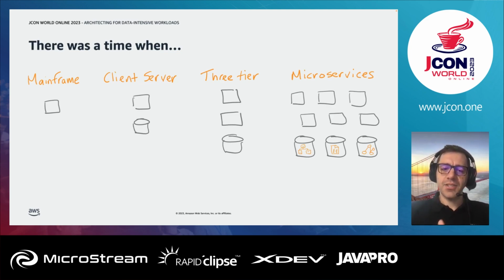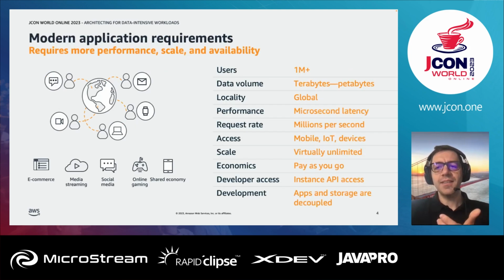And this actually implies that a modern application running on microservices has some other requirements than we had 20, 30 years ago, right? So we're not thinking anymore of just delivering an application. We need to deliver it with better performance, scalability almost unlimited, and availability up to 100%.